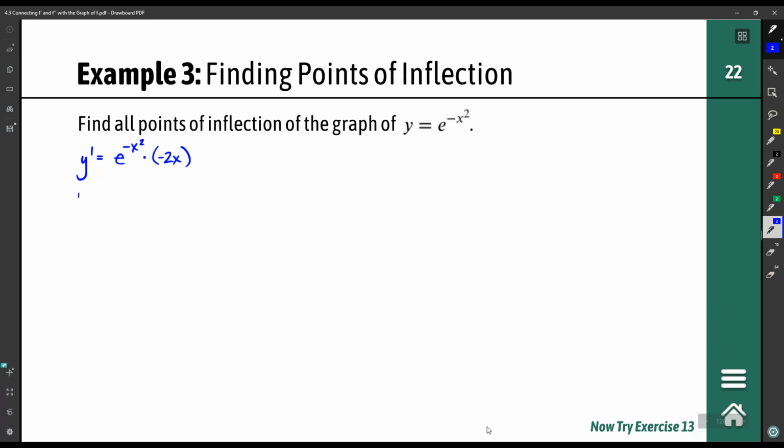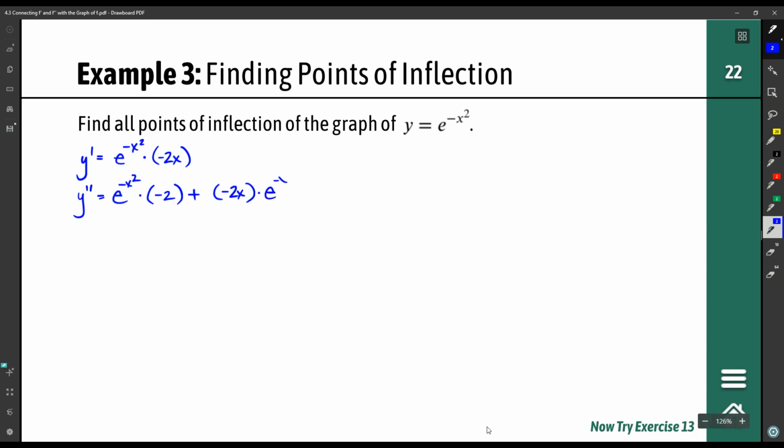Let's move into the second derivative, which we're going to have to do by the product rule, it seems, because we have e to the negative x squared times a negative 2x. All right, so the product rule is going to tell us the first function, leave it alone, times the derivative of the second function, that's just a negative 2, plus the second function, negative 2x, times the derivative of the first function, and we've already done that.